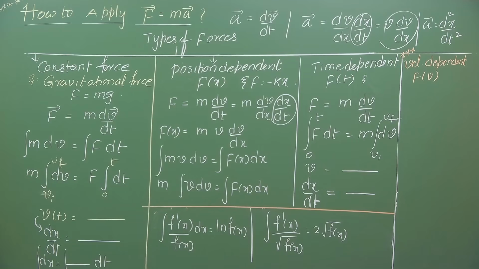Just make it variable separable. F of v equal to m dv by dt. Bring that f of v this side, bring that dt that side. M also will go that side. 1 by m integral dt equal to integral dv by f of v.